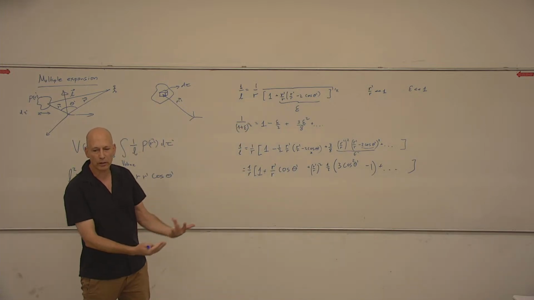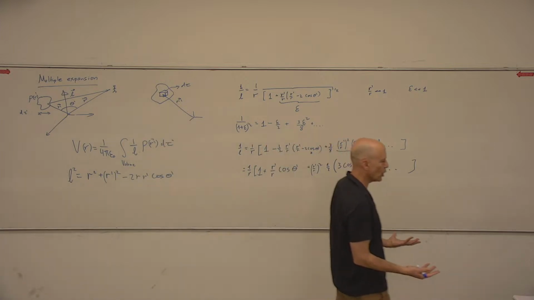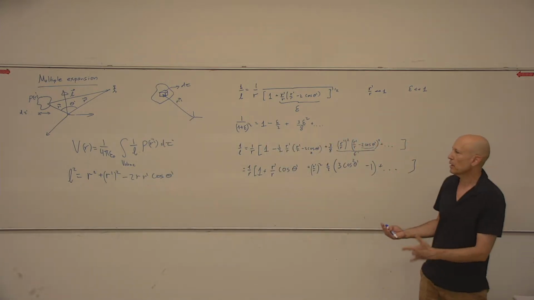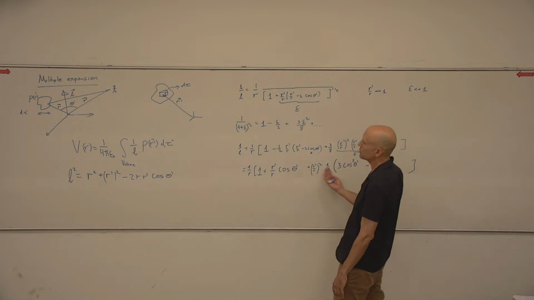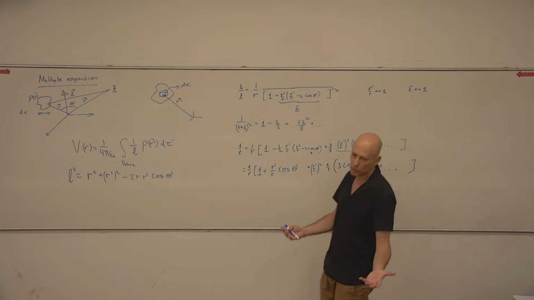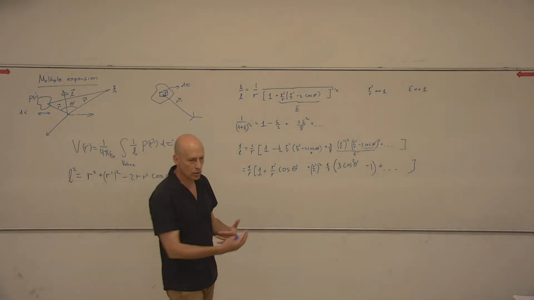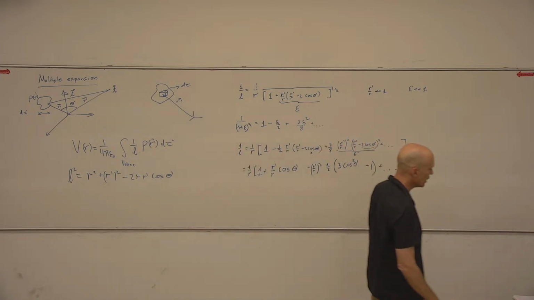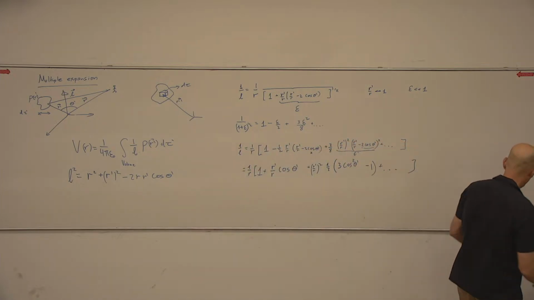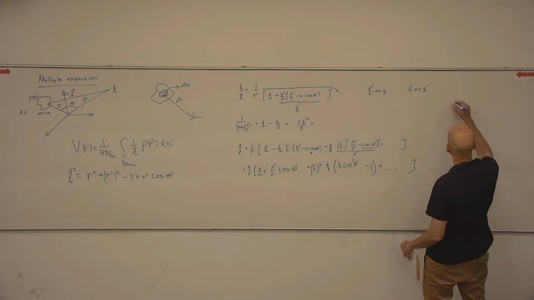Maybe this is the generating function of these polynomials. But the nice thing is that we got it from the basic Coulomb potential. Coulomb was a French gentleman, and Legendre was also a French gentleman, so they lived more or less at the same time. It's not totally a coincidence, even though I'm not sure who came before who, but it doesn't matter.